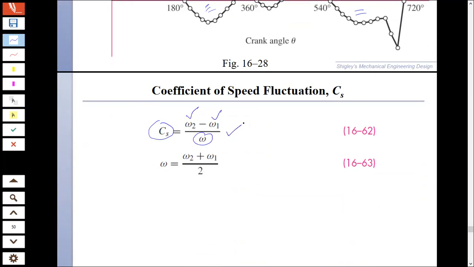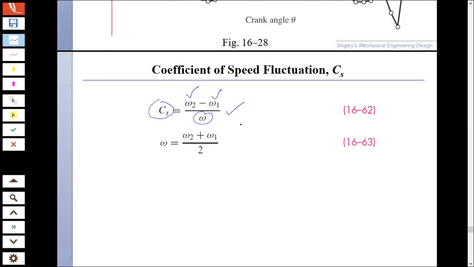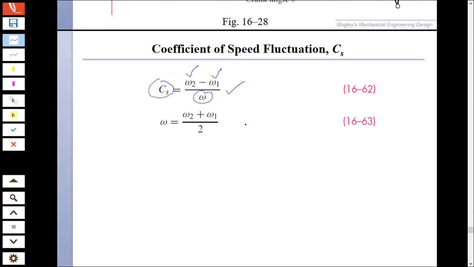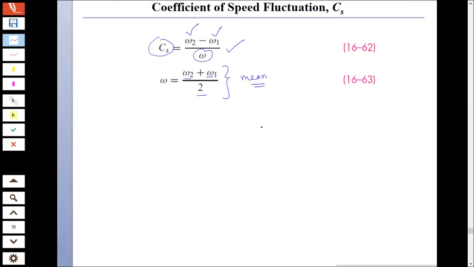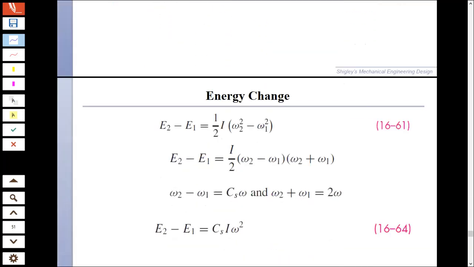So we call this the coefficient of speed fluctuation, and you probably have heard about it in theory of machines. If not, then CS is equal to omega 2 minus omega 1 over omega. And what is omega? Omega is basically the mean or the average of the two speeds, which is omega 2 plus omega 1 divided by 2. So basically it gives you the mean velocity of the system, right?